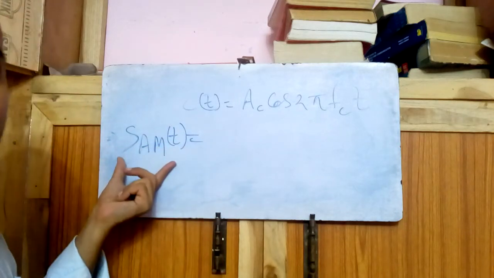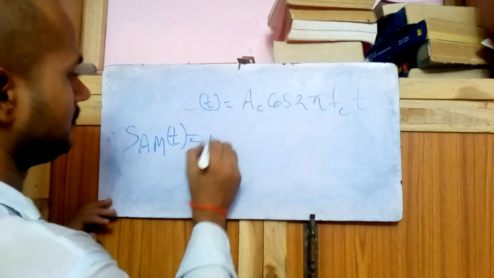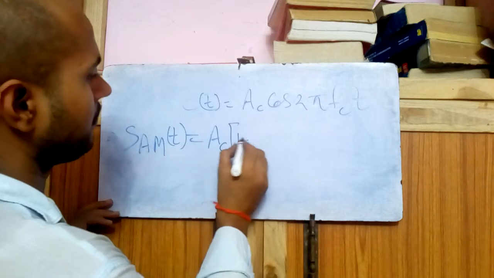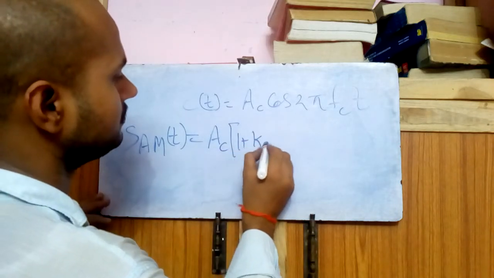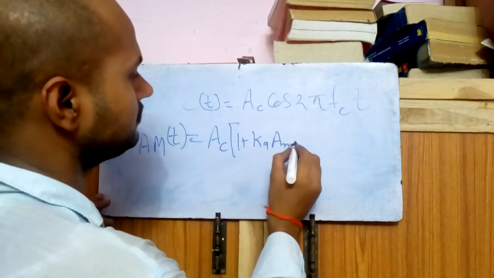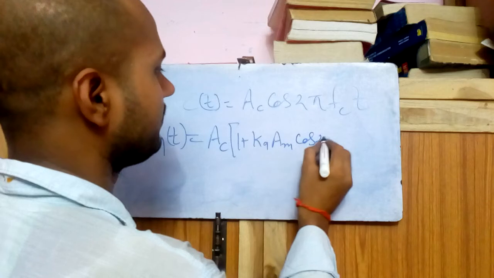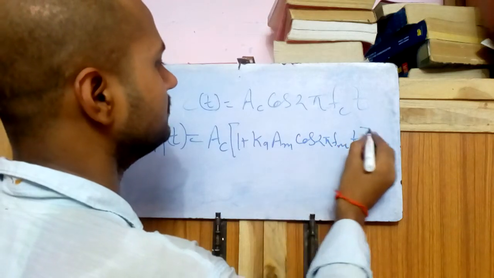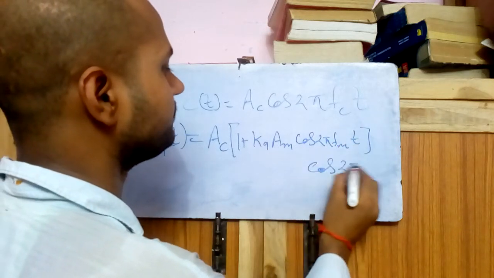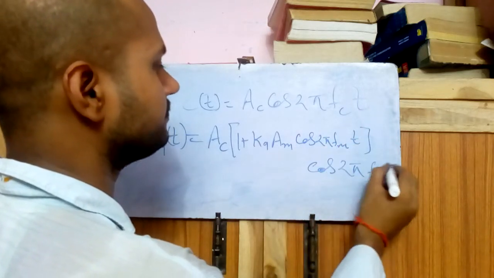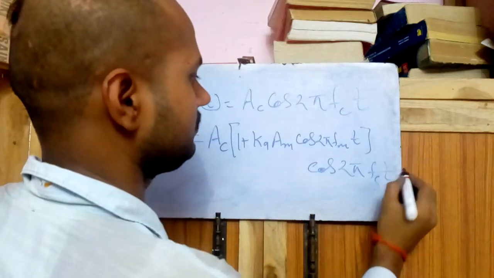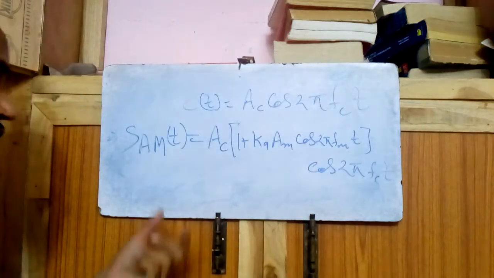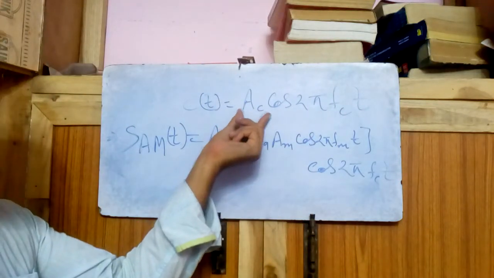It is a carrier but a modulated carrier: Ac [1 + Ka Am cos 2 pi fm t] cos 2 pi fc t, right?